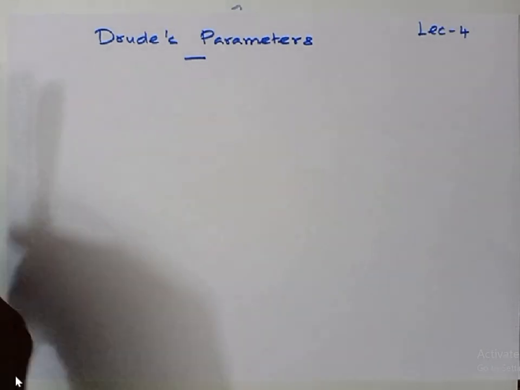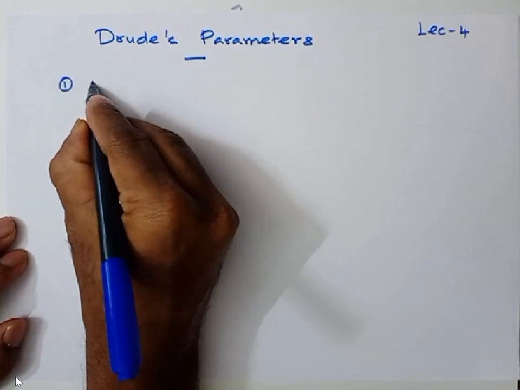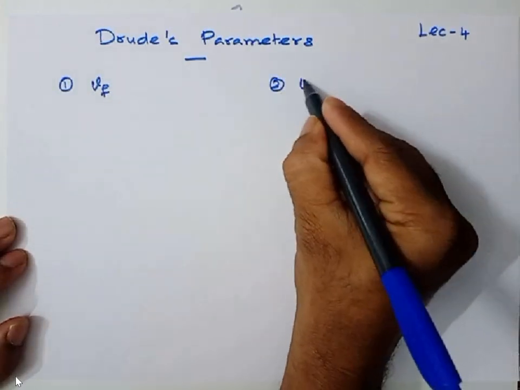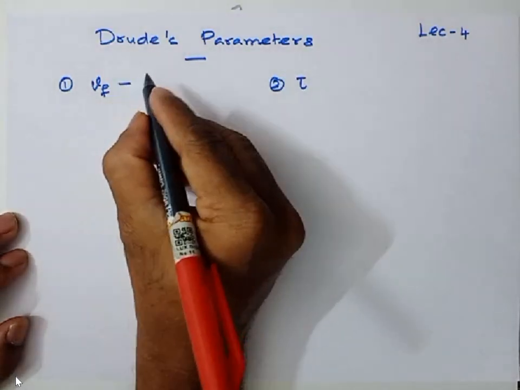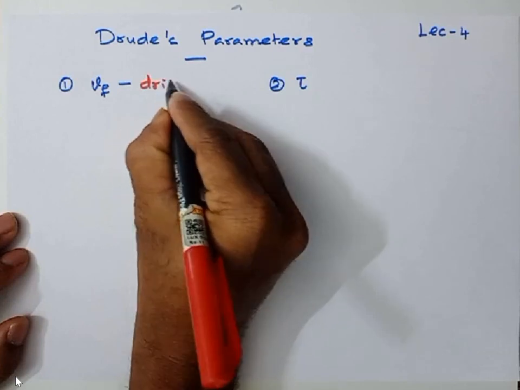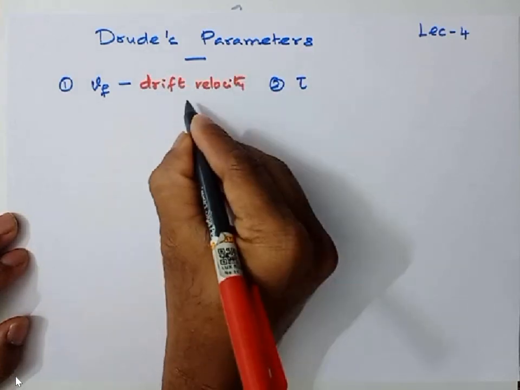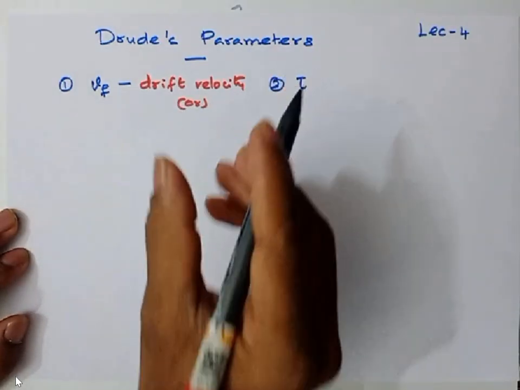Very specifically, the two parameters Vf and relaxation time tau. Okay, what is Vf? Vf is called the drift velocity, also called the average final velocity of the electron.